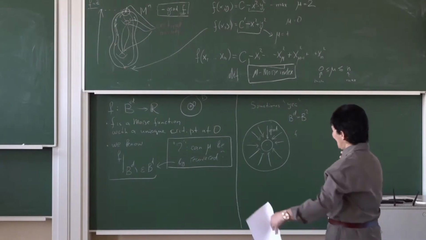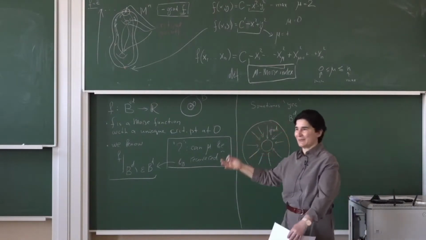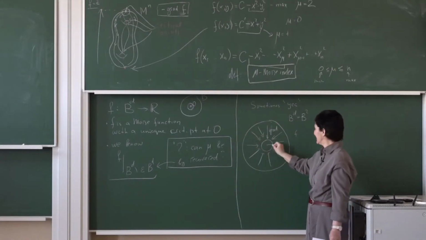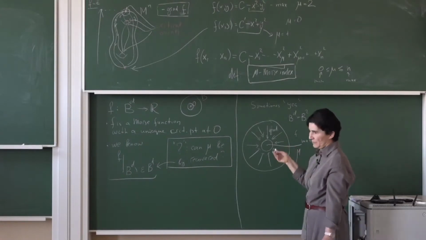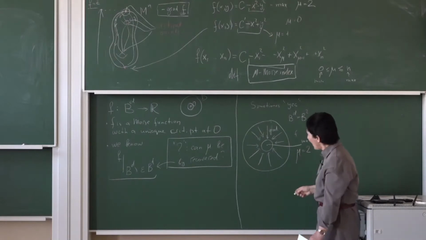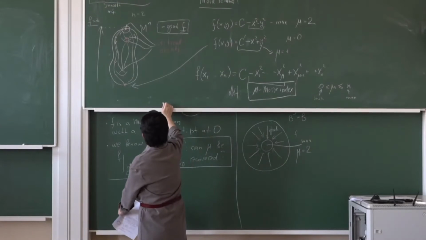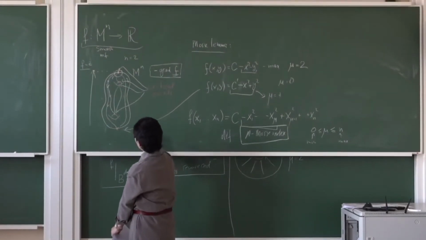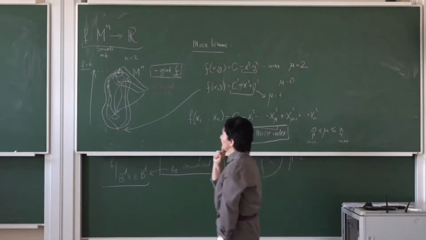If the function grows in this direction, then we can expect nothing but a maximum here. Then we have a maximum, and therefore the Morse index of a maximum is 2. Why? Because assume it is a saddle point or a minimum point.